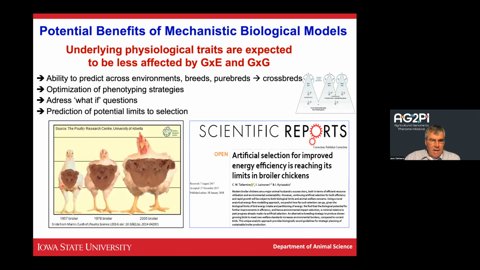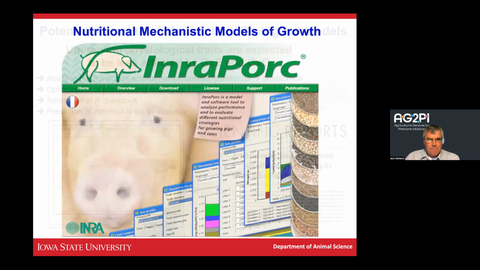And there's a paper here that suggested maybe we are reaching some biological, physiological limits. And we really need to recognize that with our quantitative genetics machinery, linear models, we're not able to identify those limits until we have hit them. And so biological models may also help us inform what the bottlenecks are in terms of further improving traits.